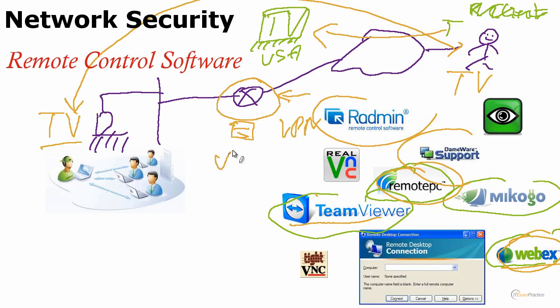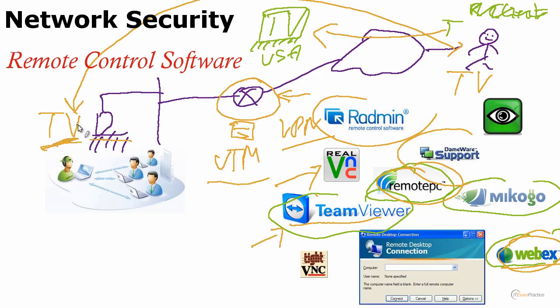A lot of UTM devices and IPS solutions will have a signature. I know my Cyberoam has a signature for TeamViewer and VNC, for instance, because you want to block these connections in some situations, right? That's why we have a VPN connection, we have a jump box, we have a dedicated server, and some users, why? Because it is faster, right?